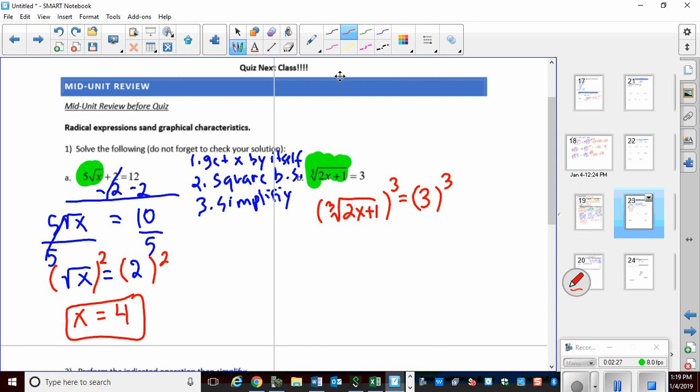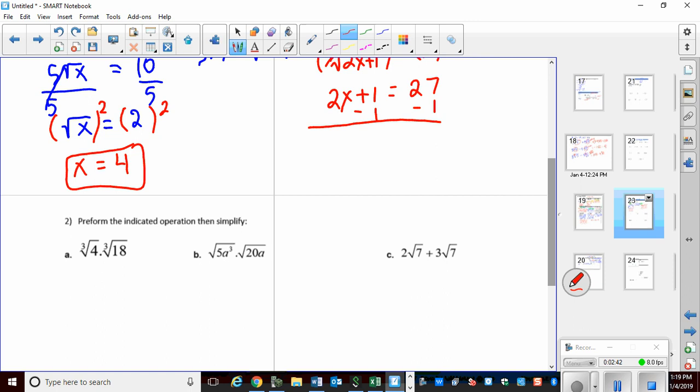So I get this going away because of that exponent up there. I get 2x plus 1 equals 27. Subtract both sides by 1. Draw my line underneath. And I get 2x equals 26. Divide both sides by 2. And x equals 13.